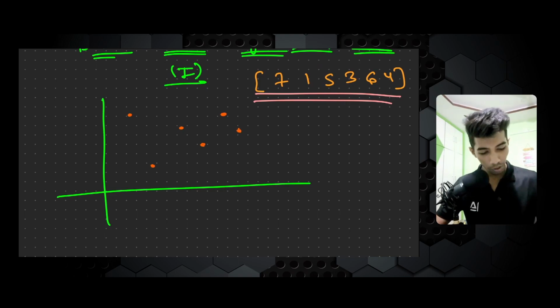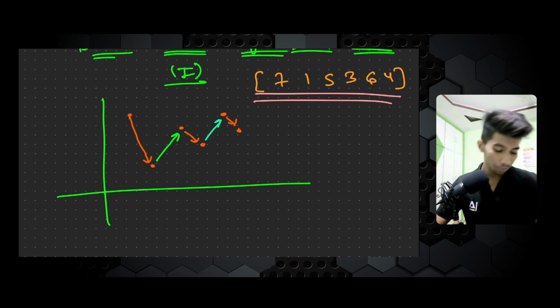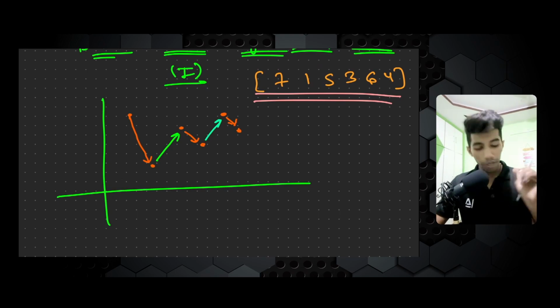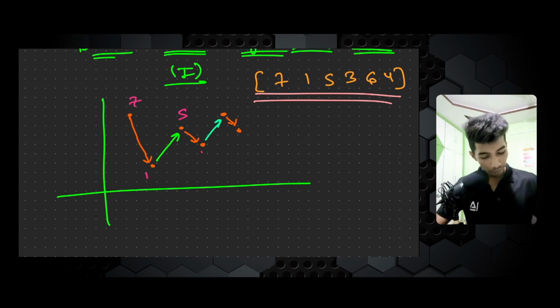Now if I draw it, it is a loss, then profit again, then loss, then profit again, and again loss. Got the thing? So if I name these data points 7, 1, 5, 3, 6 and 4, I have to figure out the maximum profit.